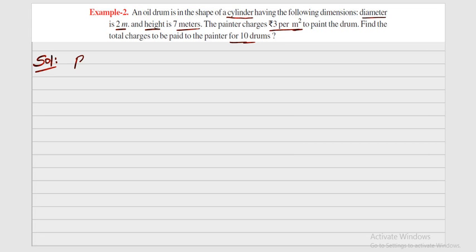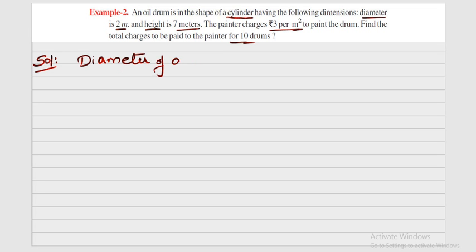So first of all write down what are the things that are given. The radius of the cylinder is given, or simply you can take it as the radius of the drum. The radius of the drum is represented by R. Here the radius is not given directly, he has given the diameter. So first of all we will write the diameter.